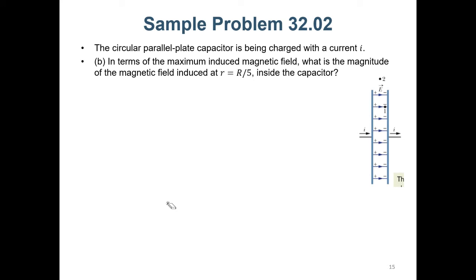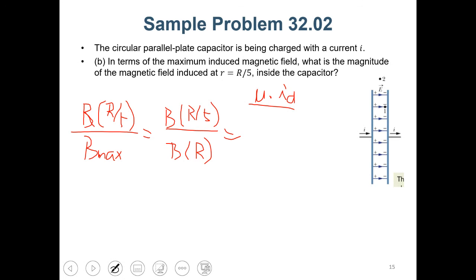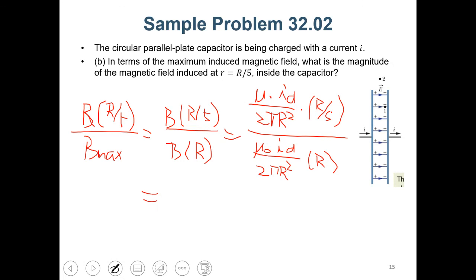Which means that B at R over 5 compared to B max: B at R over 5 is mu0 ID over 2 pi R square times R over 5, which is a small r, and B max is mu0 ID over 2 pi R square times R. So actually, most of them are cancelled.